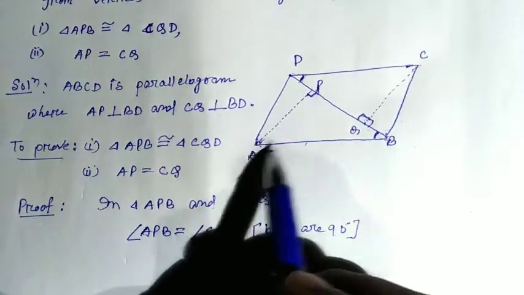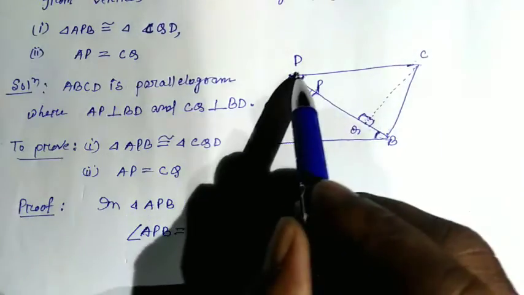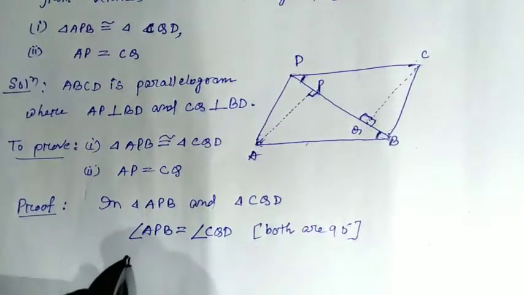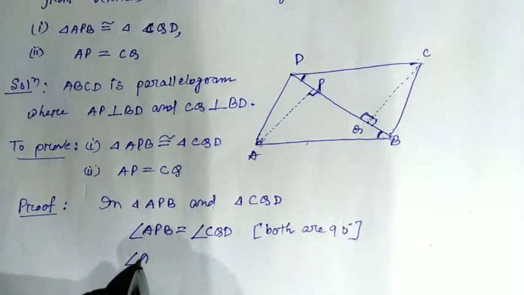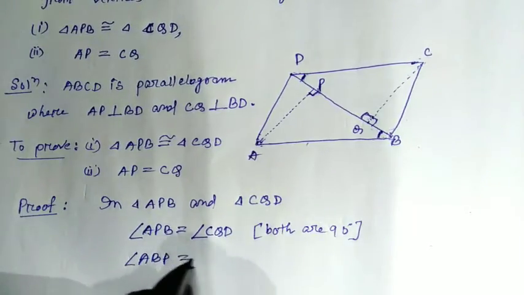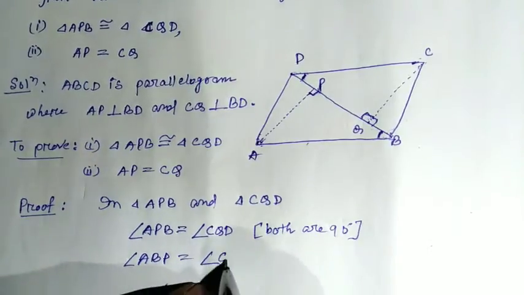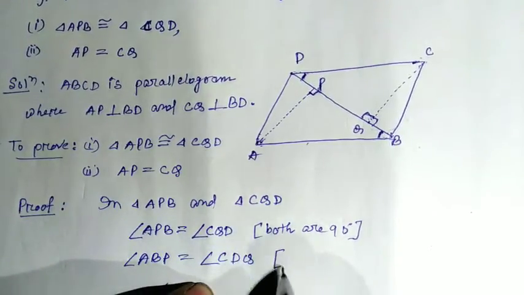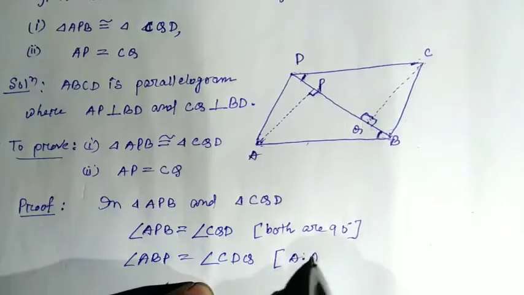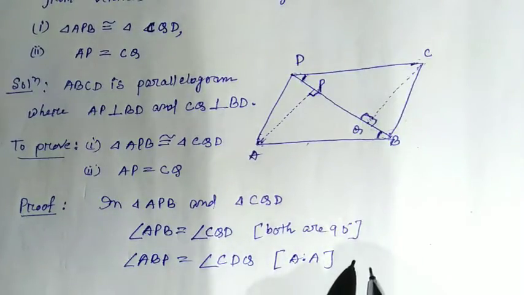So we can write angle ABP is equal to angle CDQ, alternate angles. I am writing AA for alternate angle.